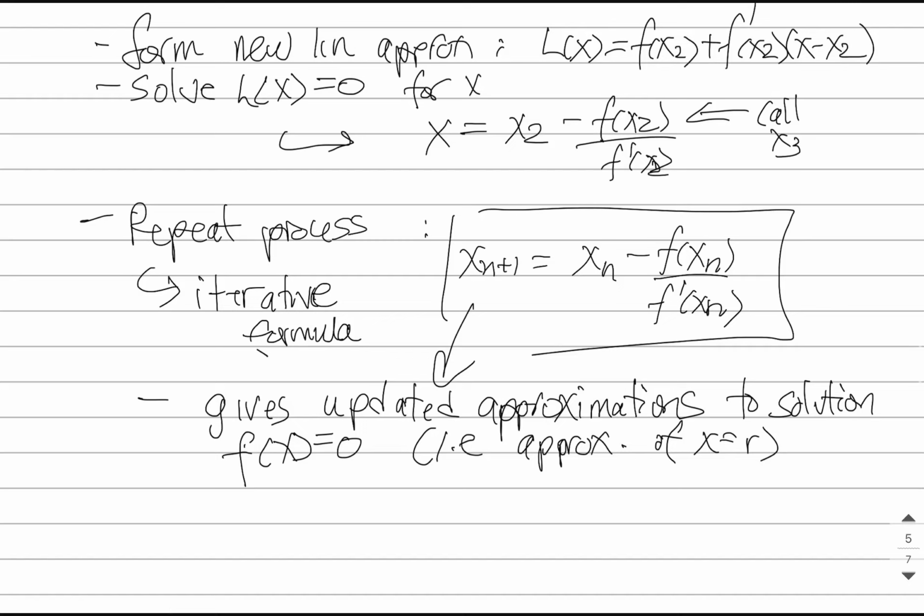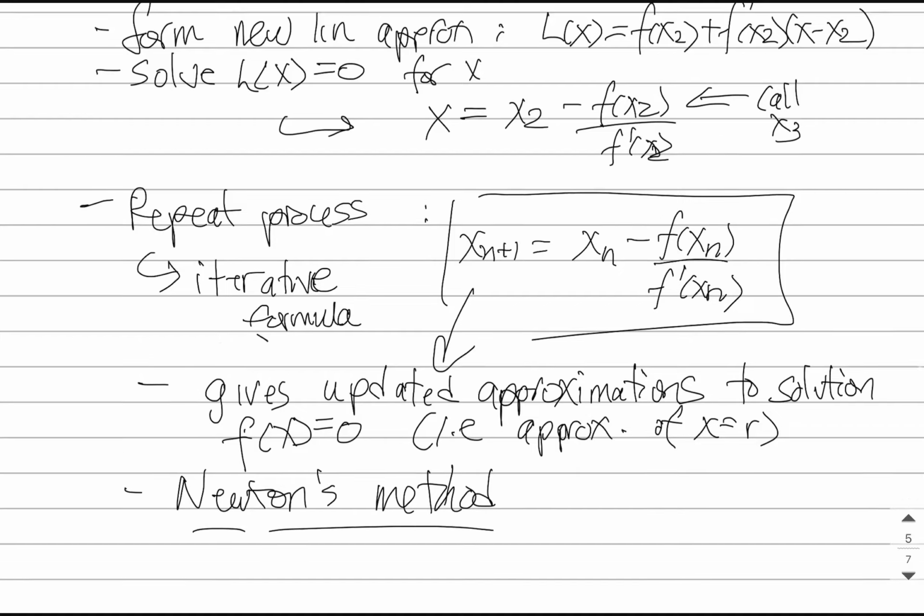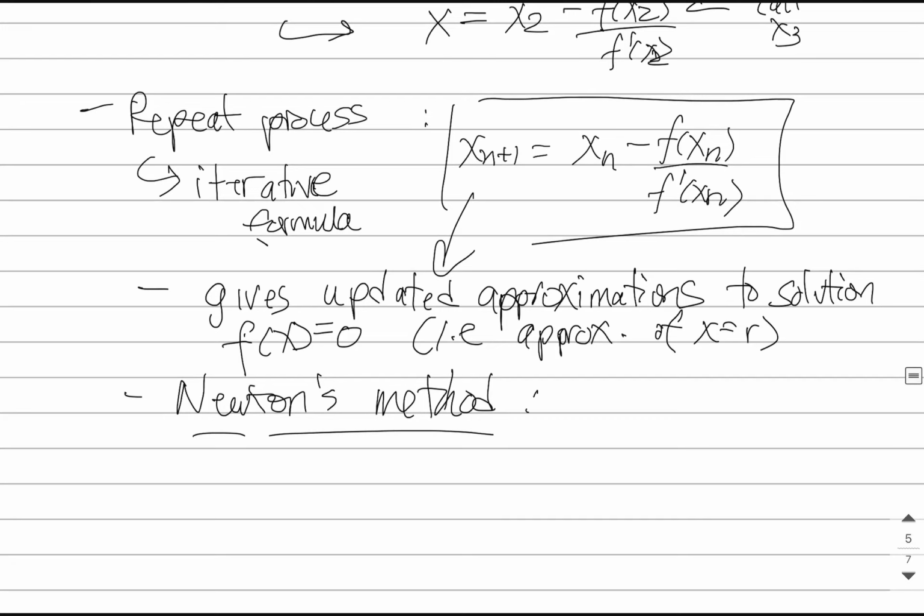This is called Newton's method. It's kind of like a heat-seeking missile for solving equations. This is a numerical method to approximate solutions to f of x equals 0.